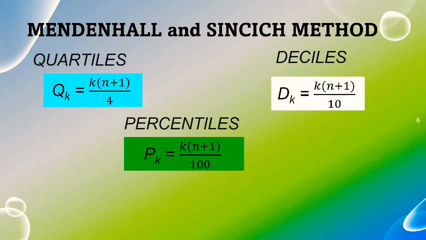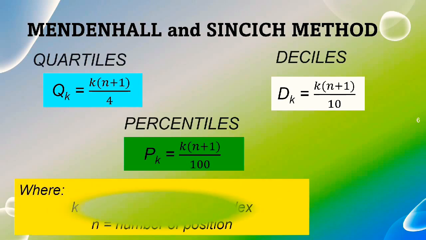The formulas shown on your screen are different from the formula that we have used under the general method. For quartile, that is k times the quantity n plus 1 all over 4. For decile, that is k times the quantity n plus 1 all over 10. And for percentile, we have k times the quantity n plus 1 all over 100.